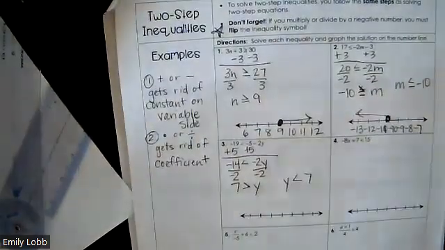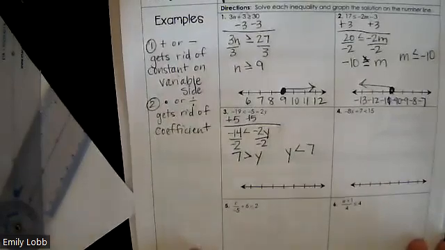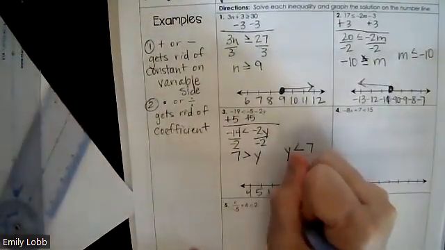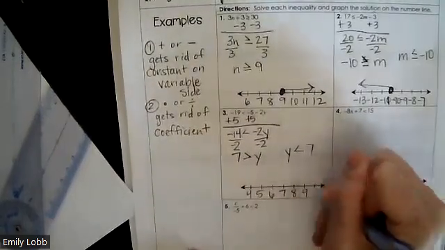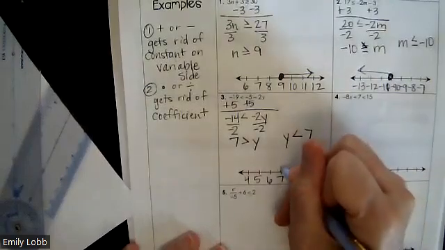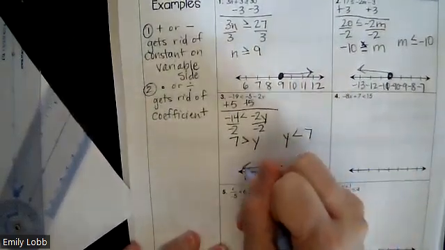So y is less than 7. So 7 minus 3 is 4, 4, 5, 6, 7, 8, 9, 10. Open, because it doesn't say that it could be equal to, and to the left.